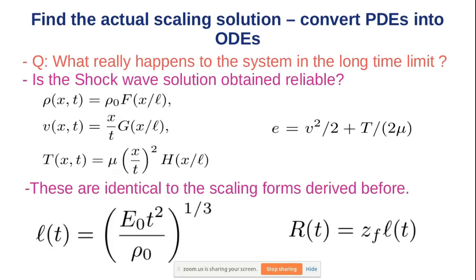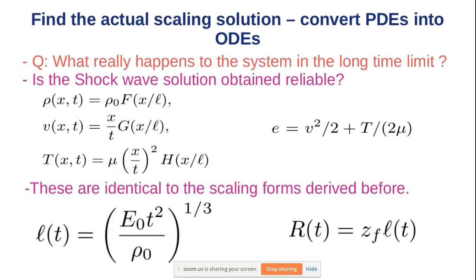L is a number given by E naught t squared by rho naught, power 1/3. The aim is that x by L is dimensionless, so F, G, H are dimensionless. R_T is the position of the shock front, equal to ZF, which is a dimensionless number. I'll come back to what ZF is later on.